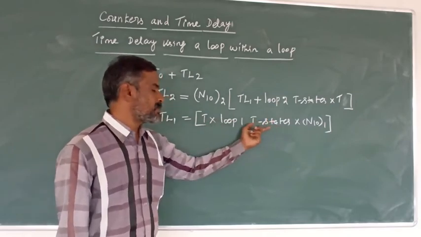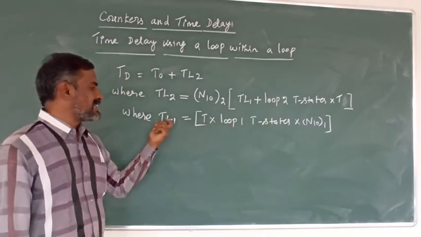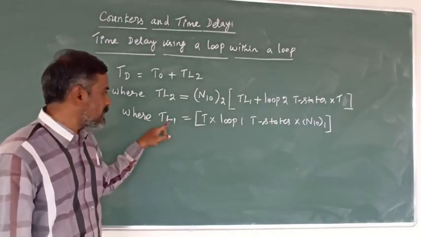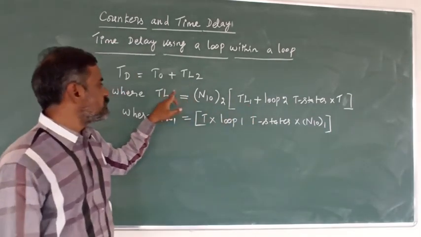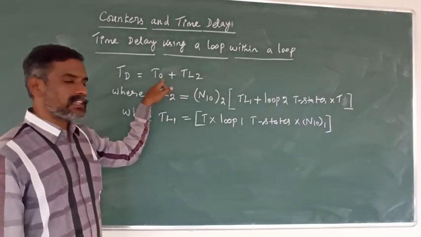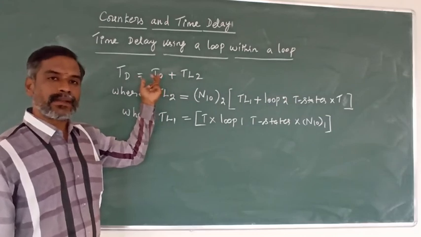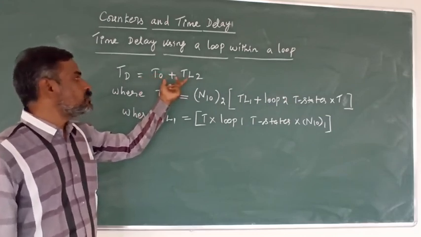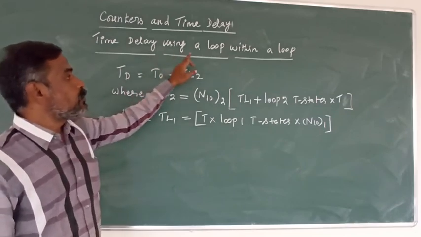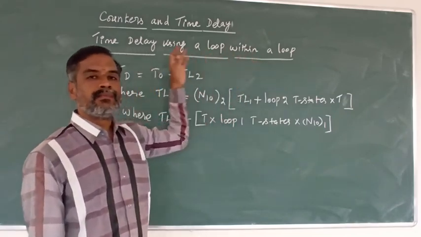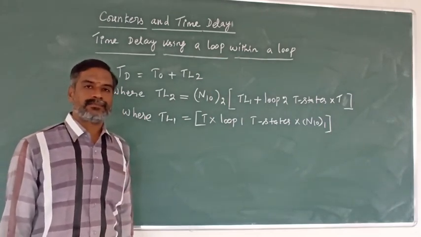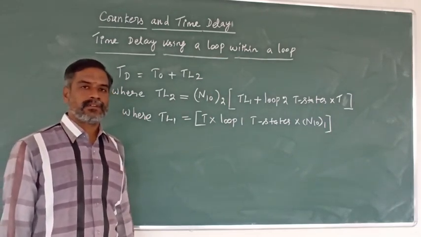Multiply all three to get TL1. Substitute that TL1 here and we can find TL2. Sum that value with the outside loop time delay, and adding these two, we calculate the total time delay of the loop within a loop program. Any doubt? No. Thank you.